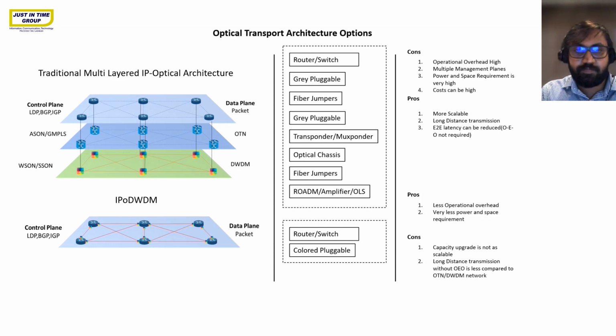Because if you want to increase the capacity of your transport network, what you can do is introduce new wavelengths, roll out a new wavelength and do the traffic steering in this kind of infrastructure. But in IP over DWDM, you simplify the infrastructure, you save the cost for power, you save the cost for space, you have fewer pieces of equipment to manage, and also the management plane complexity would be very low.